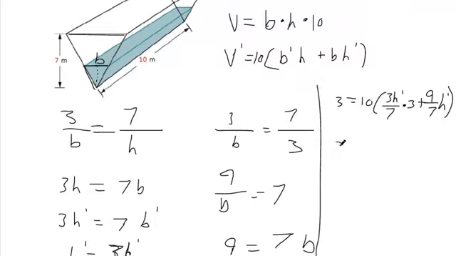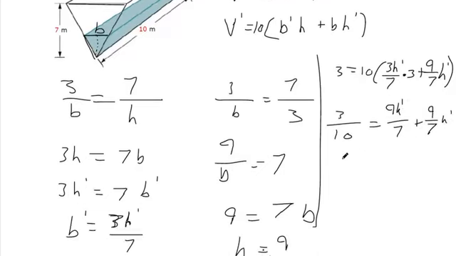So I'm going to divide 10 from both sides to start off. And then that's times 3, so I'll make that 9h prime over 7 plus 9 over 7 h prime. So that's the same thing added to itself. I wonder if that's a coincidence or if that always happens with similar triangles. So they have common denominators, so that's 18h prime over 7.